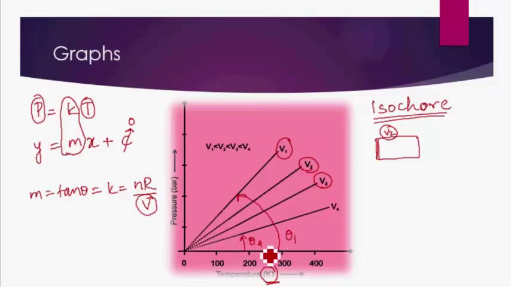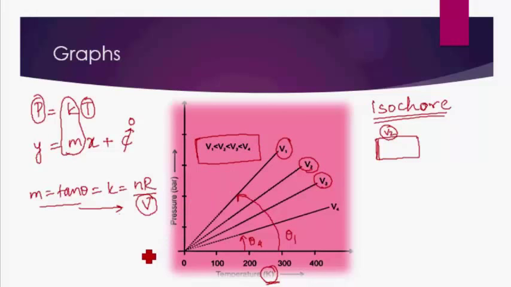The greatest slope or greatest theta is for V1 and the least is for V4, and we know that slope is inversely proportional to volume over here. That means the greatest theta will represent least volume, so V1 will be least and V4 will have maximum value. That is why the relation is V1 less than V2 less than V3, which is less than V4.